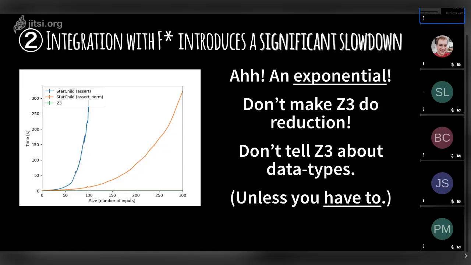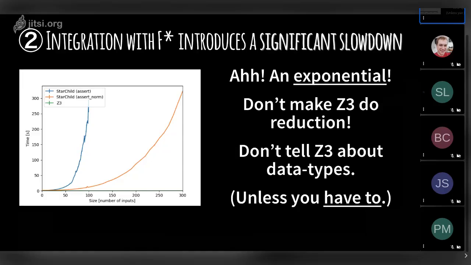You may notice that the different curves for StarChild are labeled here with assert and assert norm. That is because with careful use of the specific assert norm construct, you can force F* to do normalization before encoding the program to Z3. That takes a huge chunk out of that curve, but it still doesn't make it any less exponential looking, or at least any less dire.